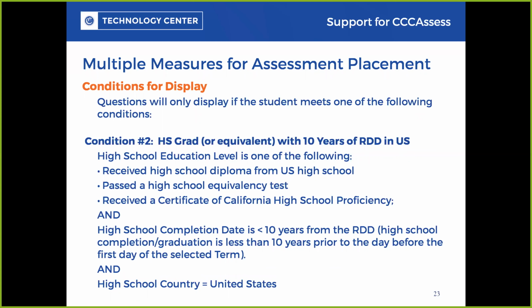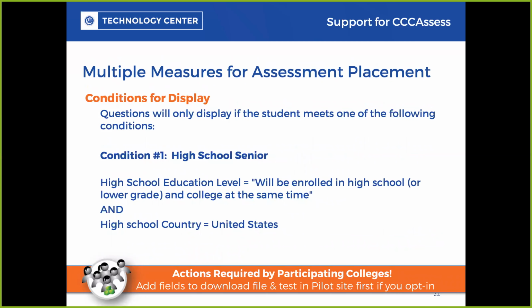The first condition is you're a high school senior, so a concurrent enrollment, where they say they're enrolling as a high school or lower grade in college at the same time. As soon as we get that information at the very top of the ed page, those questions will appear.